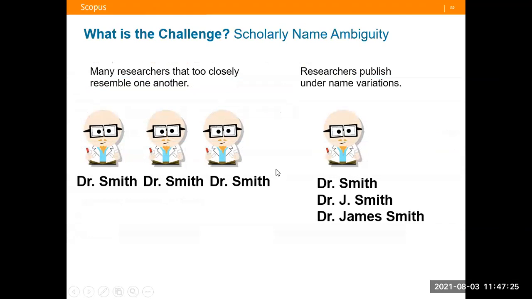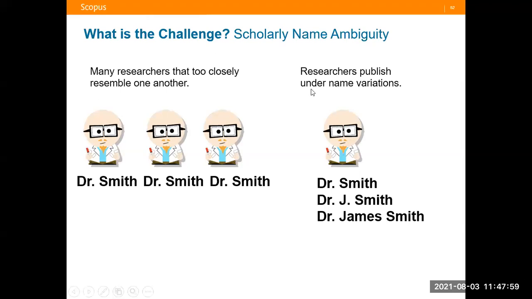So this is a very common issue for those researchers or authors who have already published papers, due to name ambiguity. Throughout the world, there are so many researchers who closely resemble one another, who have the same last name, first name. Like Dr. Smith, even from Malaysia, there are a lot of authors who have the same last name, first name.